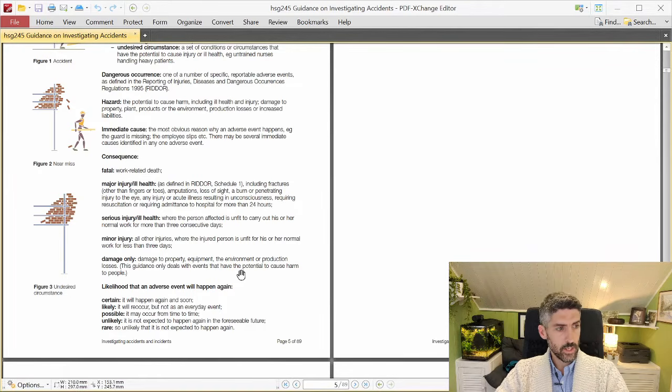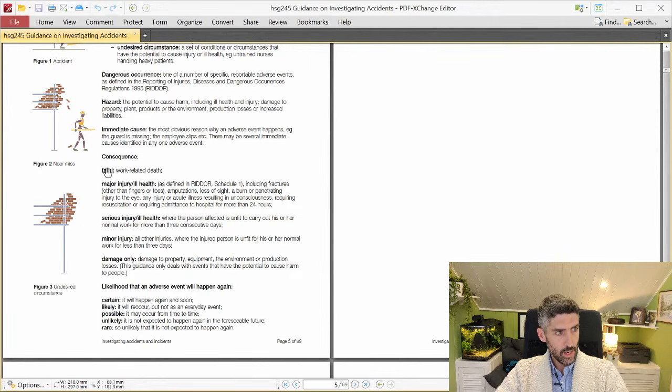My thinking is that in terms of the consequence, I would say fatal, potential, that's what you're looking at. It's not what happened on this occasion, because obviously on this occasion the worker's leg was broken and he didn't die, but potentially, a forklift truck accident like that could easily be fatal.